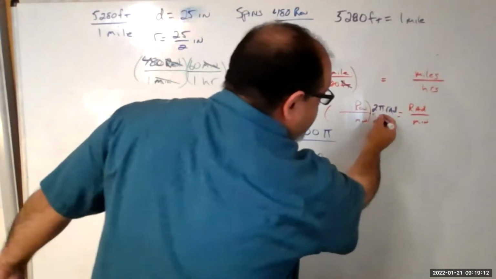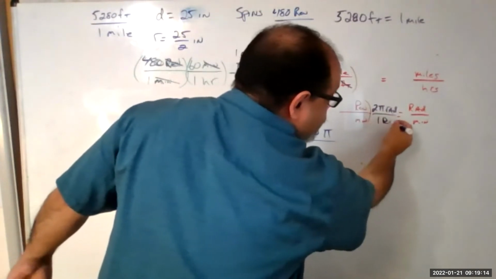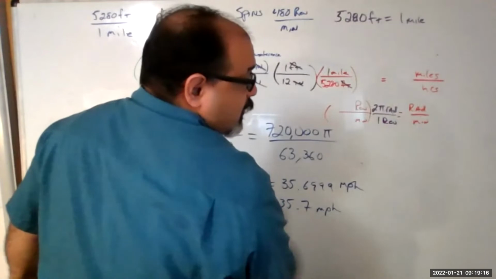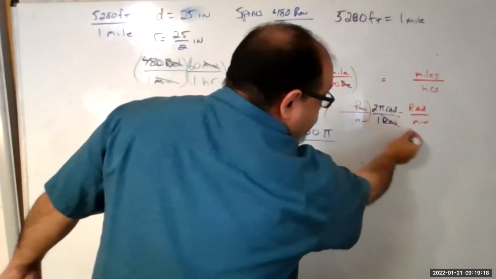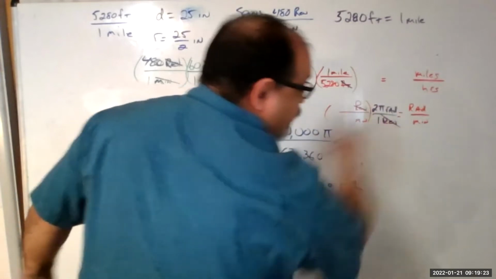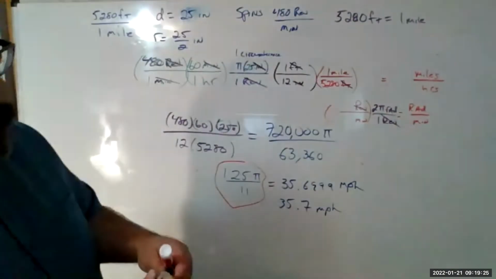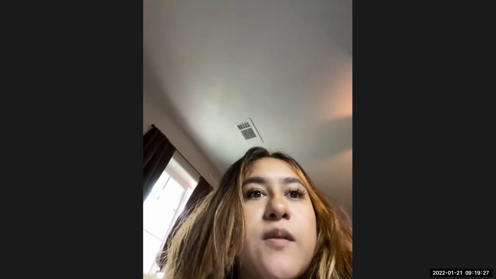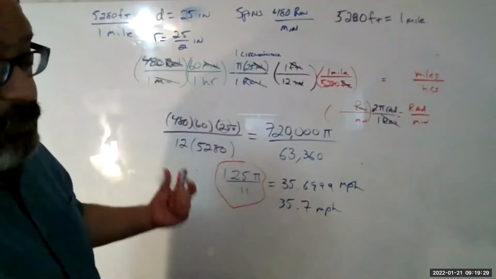What I meant was down here, 2 pi radians every 1 revolution. The revolutions reduce, and I end up with just radians in the numerator over minutes in the denominator, which is what they're asking for.